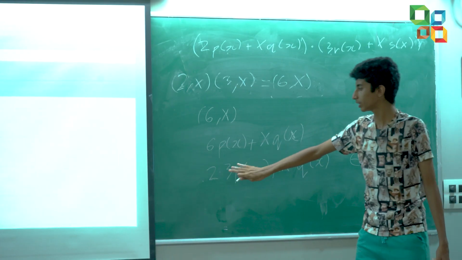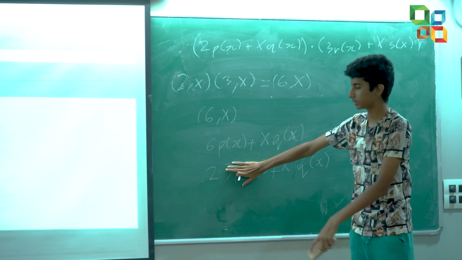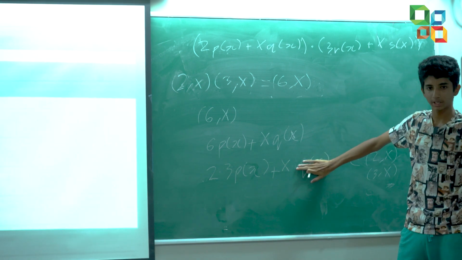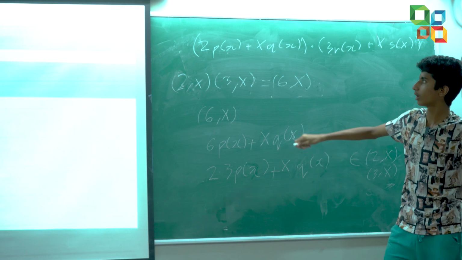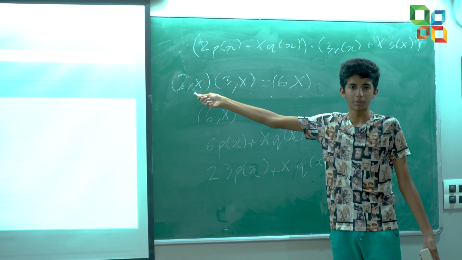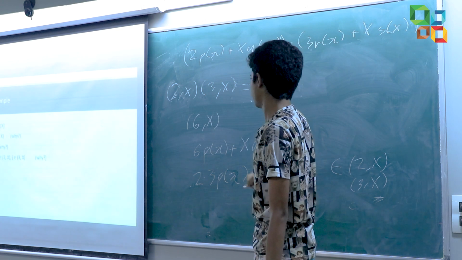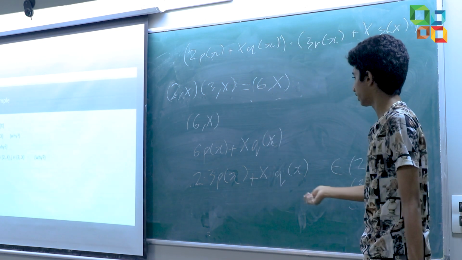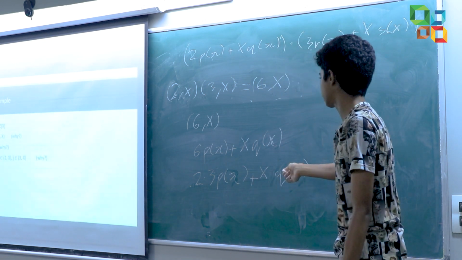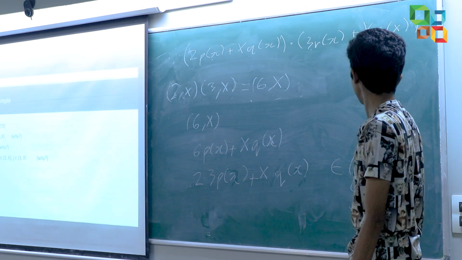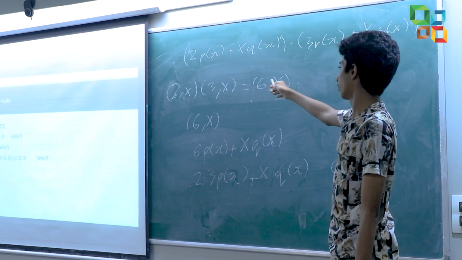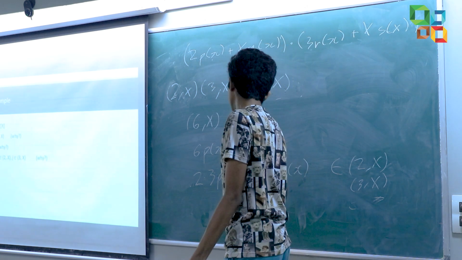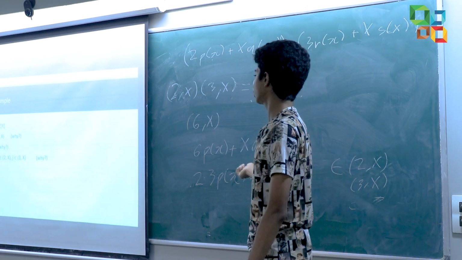So notice that this is 2 times 3p of x plus x times q of x. This is what elements of 2 comma x are of the form. So this belongs to 2 comma x. Similarly, 3 times 2p of x plus x times q of x also belongs to 3 comma x. Therefore, since it belongs to both the sets, it belongs to their product also.